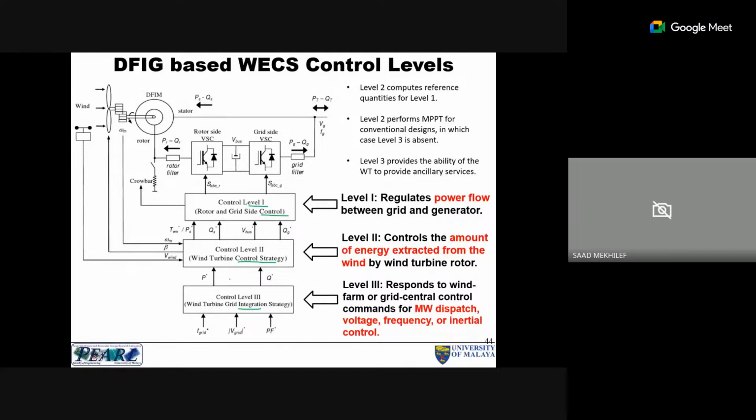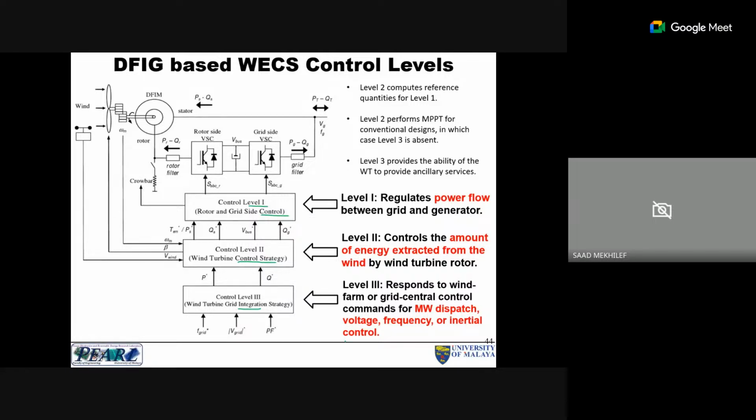So that's provided to level 1, and level 1 then generates the control required for that.